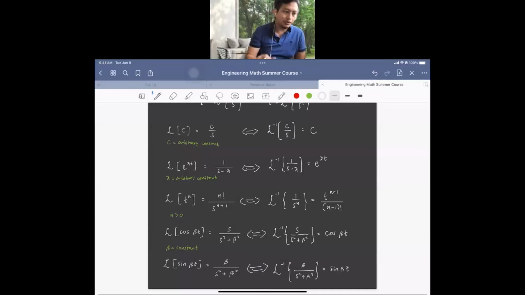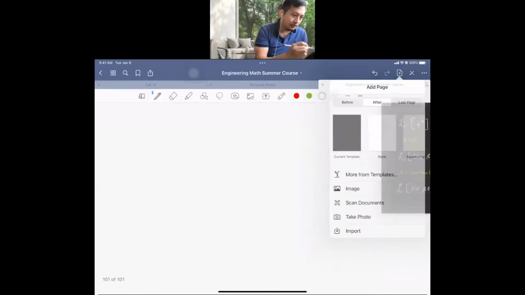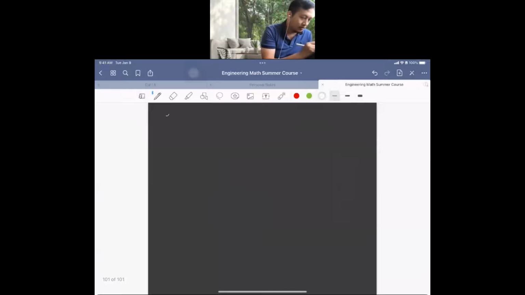In the inverse Laplace, we also have the linear property, the same as with the Laplace transform, because it's just the inverse of Laplace. So the Laplace inverse is also a linear transform.